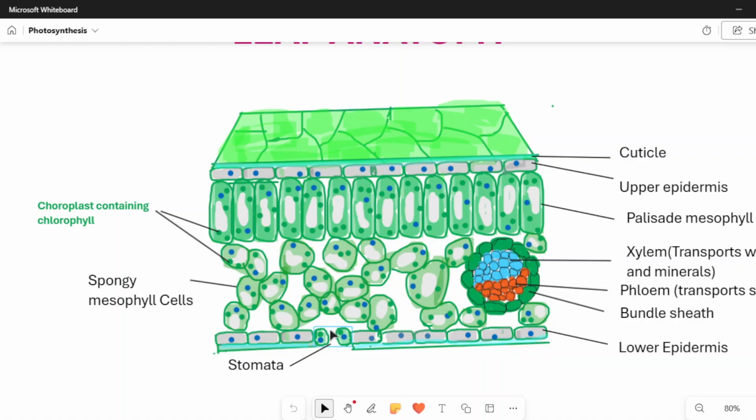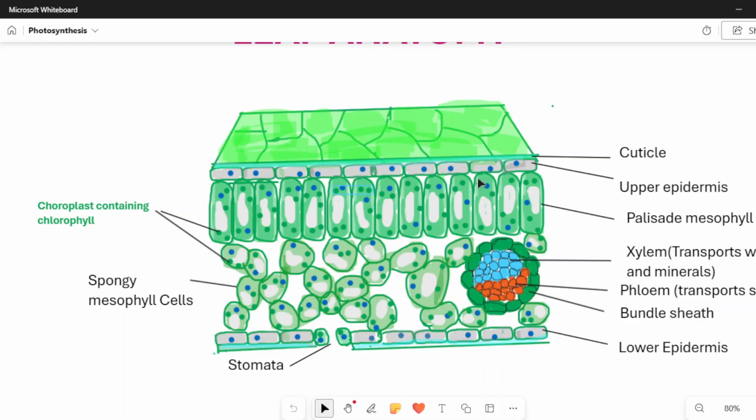Oxygen goes out from this stomata, the small hole present, out of this leaf via these guard cells, and the glucose which is produced enters the phloem. Phloem is a part of the vein which transports the glucose for supplying to the plant.